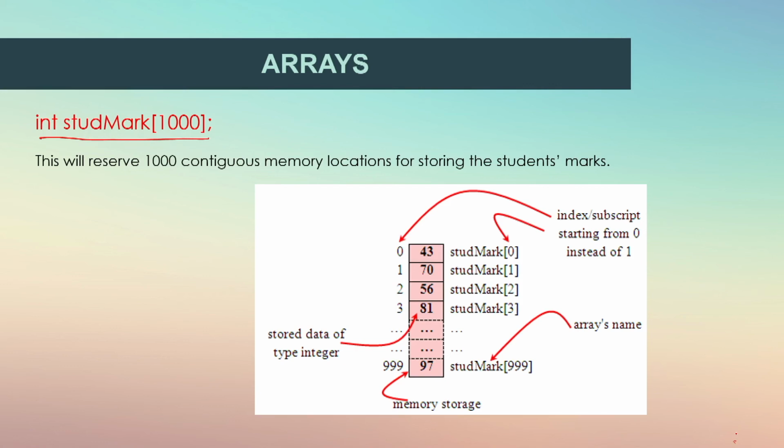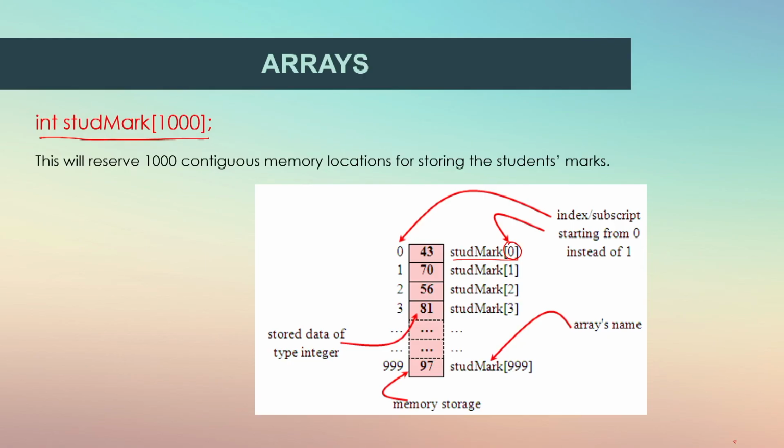Here we can see in the memory, studMark of 0. This indicates the subscript of the array. The subscript of the array will be used to mention which element it is. So, from 0 we will be using the subscript of that array.